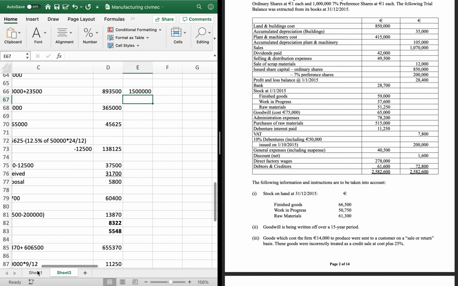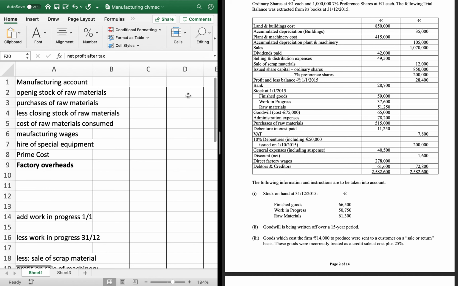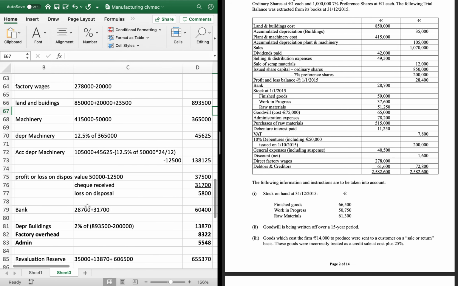So it's a matter of putting everything in. Now I'm going to lash everything in from top to bottom. I don't necessarily recommend doing it this way, but for the sake of answering it and the layout of it, I'm going to start with my opening stock of raw materials. So opening stock of raw materials 51,250. That's obviously from there. Purchases of raw materials. So that's from my answer or from my workings.